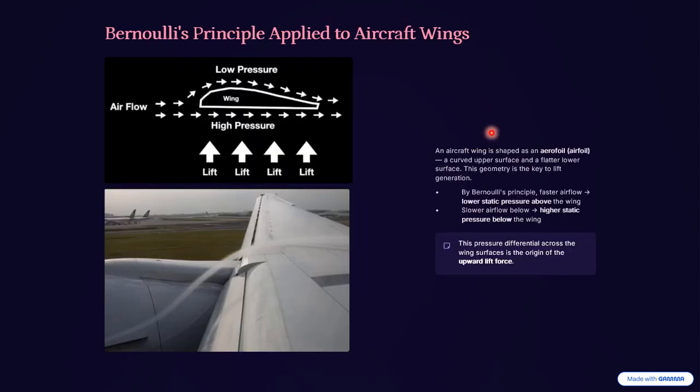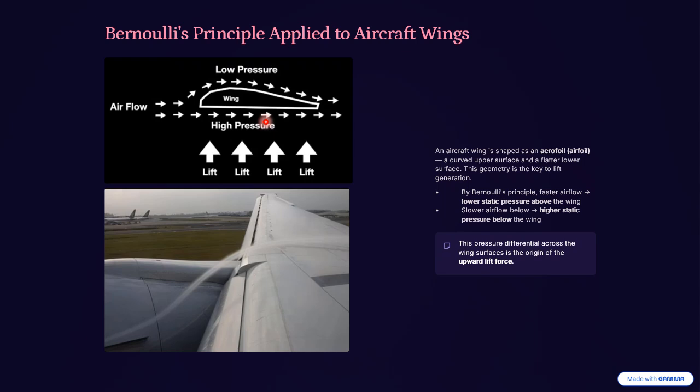This is where Bernoulli's principle directly comes into action. Since the air above the wing moves faster, the pressure above the wing decreases. At the same time, the air below the wing moves comparatively slower, so the pressure below remains higher. As a result, a pressure difference is created between the upper and lower surface.